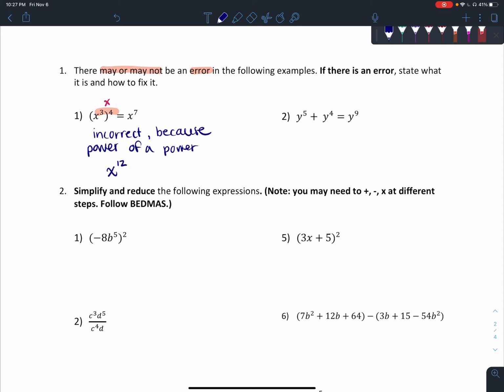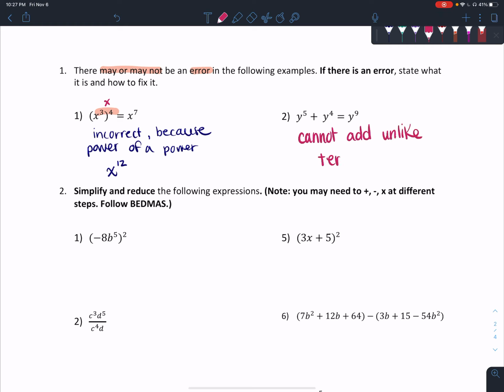Okay, so number 2 here, we have y to the power of 5 plus y to the power of 4, and the proposed solution is y to the power of 9. So those two exponents were added together. So this is also incorrect because you cannot add unlike terms.